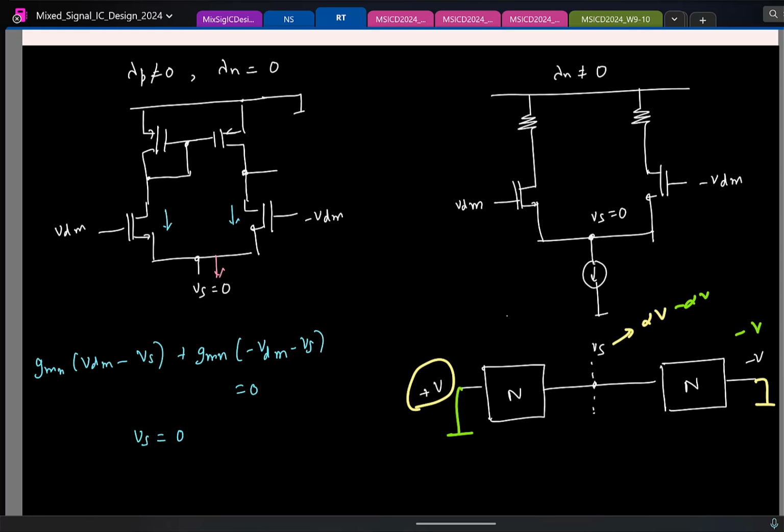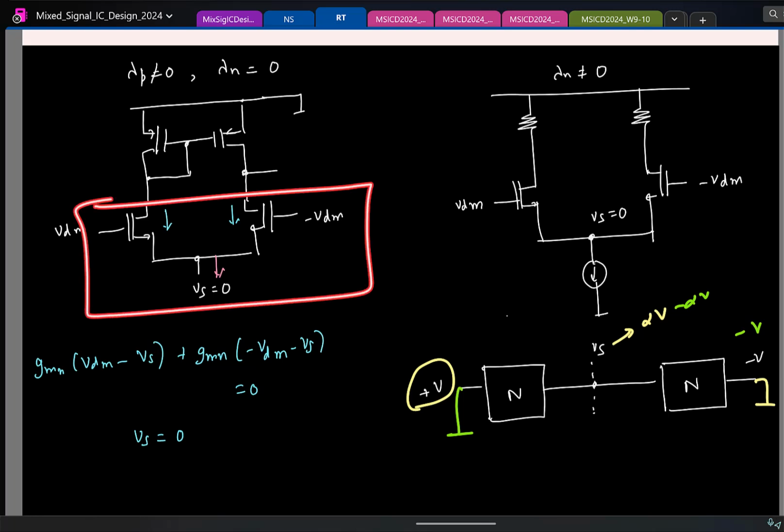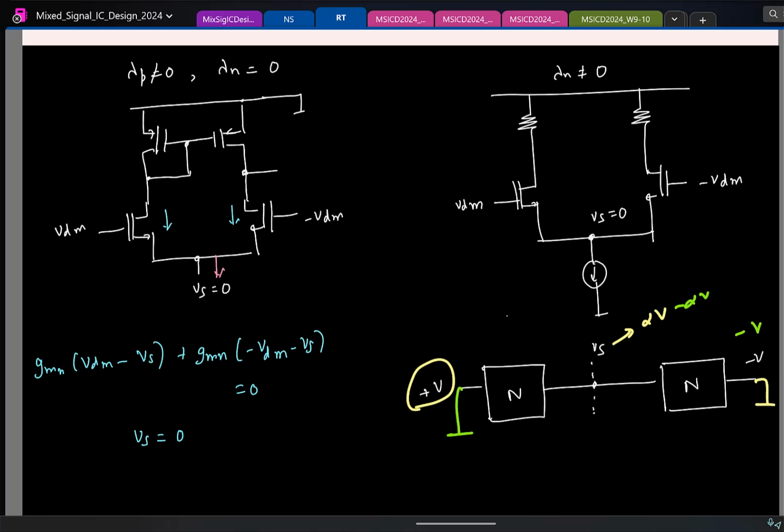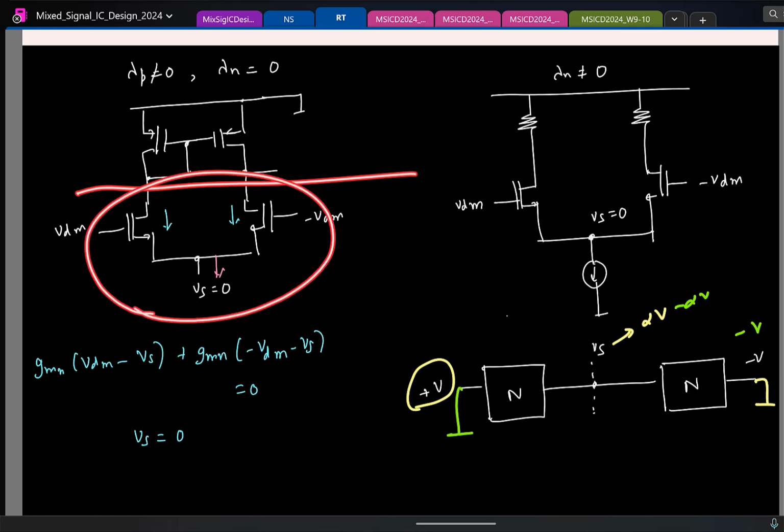Right? So whatever happens at these two nodes has no bearing on whatever happens at this point. So now if I just look at this part of the network, whatever happens here has no relation to what happens here. So it's as though this part is not there. So this looks symmetrical.